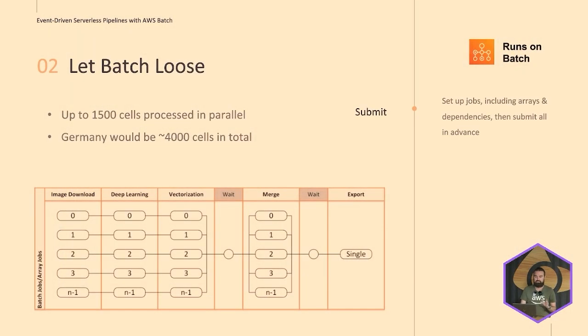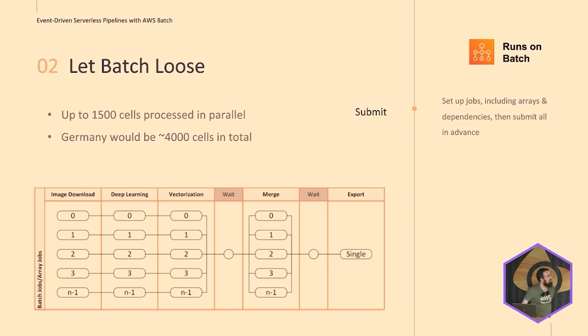You set up your jobs, including your arrays, dependencies, all those things, and then you submit it all in advance. Let's say you can run 1,500. Let's say that's the capacity that AWS granted. You can have 1,500 instances running concurrently. Good luck paying that bill. It's going to be expensive.